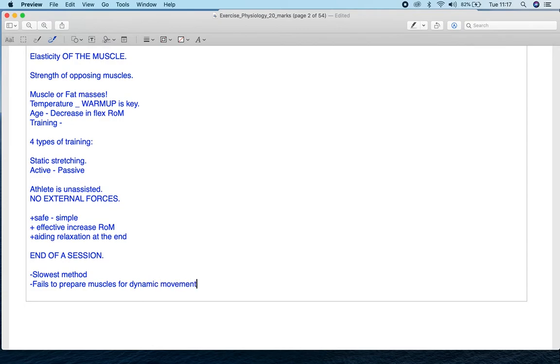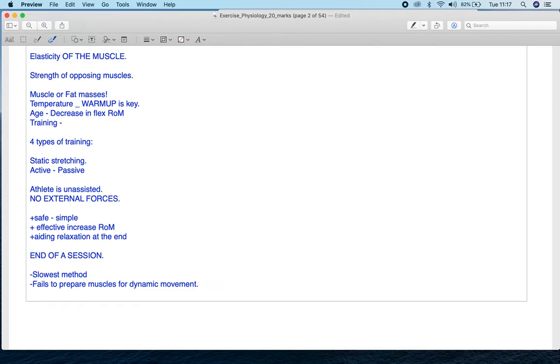So if you consider doing static stretching before you go off and play a game of football, it's not helping that body and that muscle develop the range of movement needed for dynamic movement.